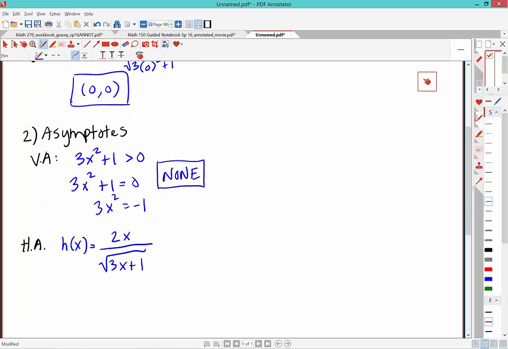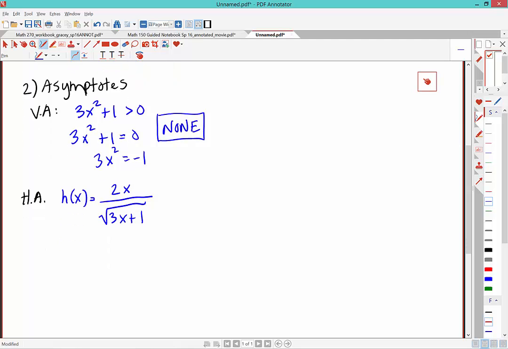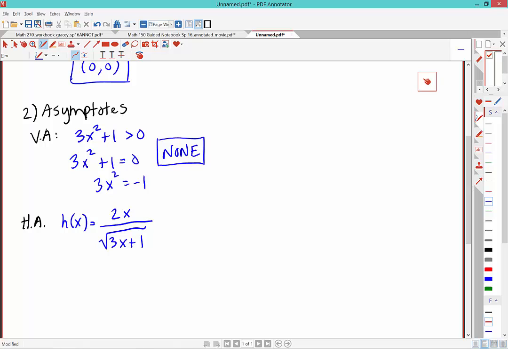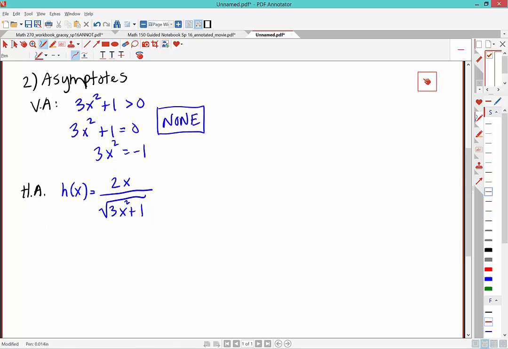So if we divide through by root x squared, that's already under the root.